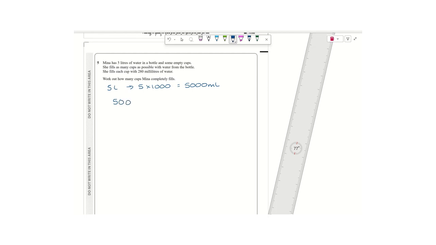So we're then going to do 5,000 divided by the 280 millilitres that she gets in each cup. And that gives me 17.9. So the question says how many cups she completely fills. So she doesn't manage as much as 18. Therefore, that will be 18 cups that she completely fills.